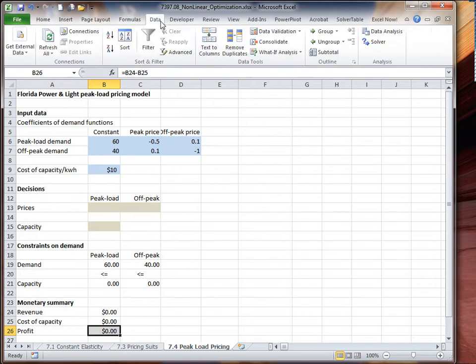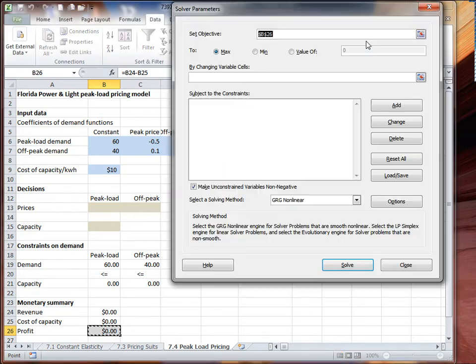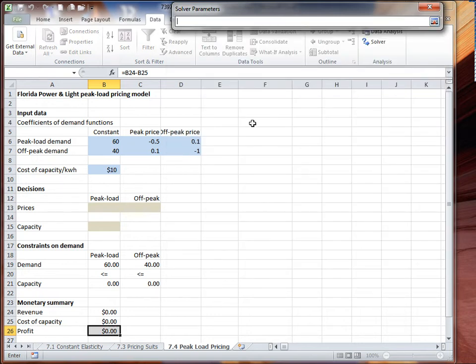Let's get into Solver. Our objective function is profit, which we do want to maximize. We're going to do that by selecting the right prices for peak and off-peak and the right capacity. That's what we're interested in.